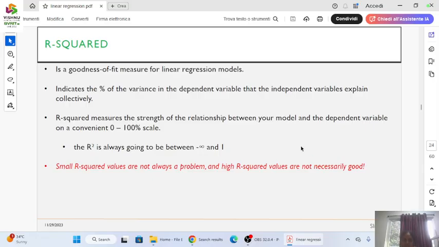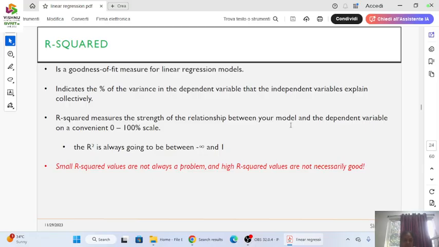Here in a regression model, it is a goodness of fit measure for linear regression models. It indicates the percentage of the variance in the dependent variable that the independent variables explain collectively. R squared indicates the relation between your model and the independent variables on a convenient 0 to 100% scale.